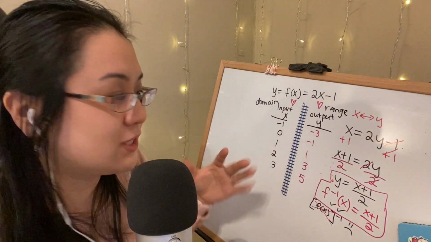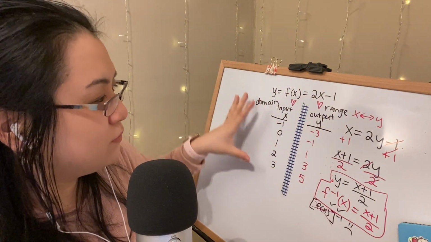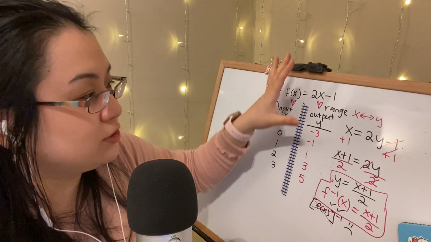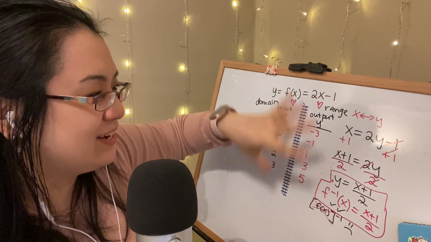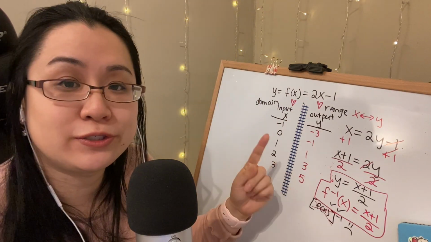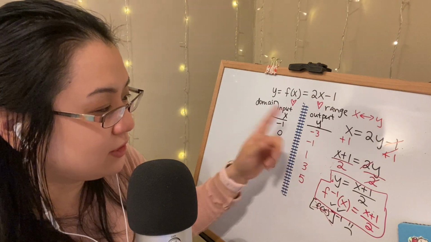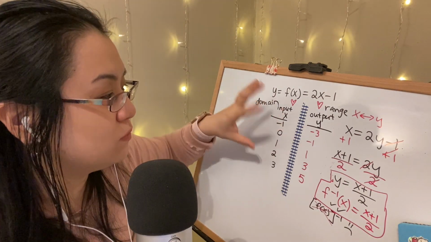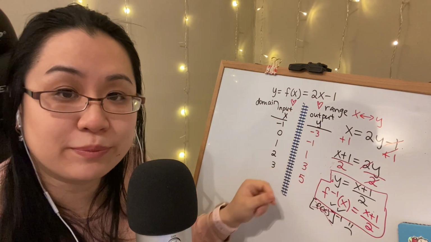So in order for this inverse to exist, before we have domain and range, but now the original function's range is now our inverse's domain. It's kind of cute, but our range becomes our domain going back the other way. And so in order for the inverse to be a function, we still need the same definition, that each input has one clear output, which means that each of the original inputs needs to go to a unique output.